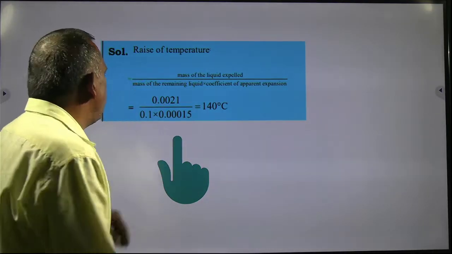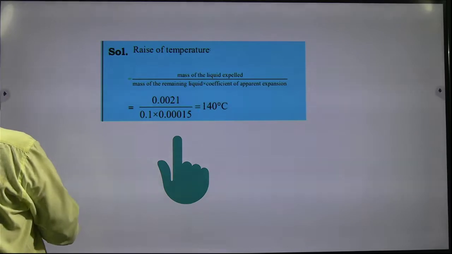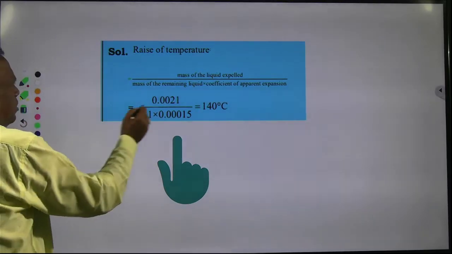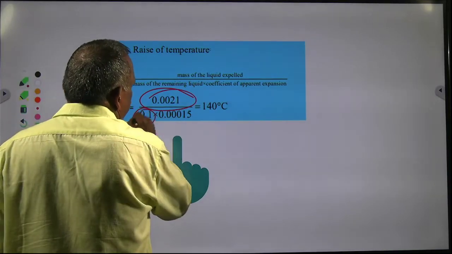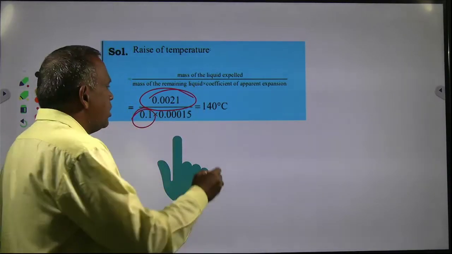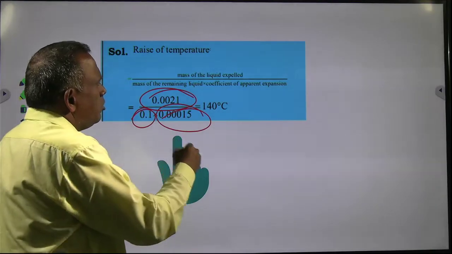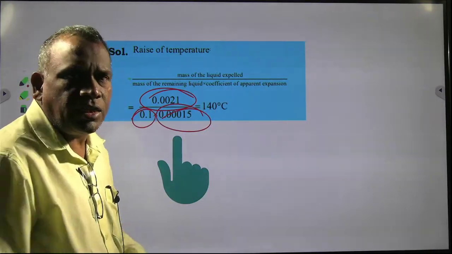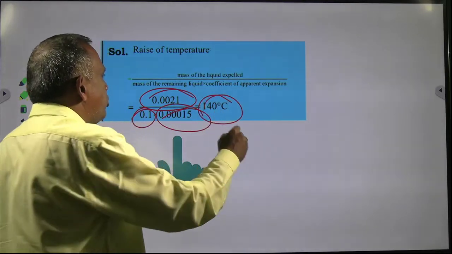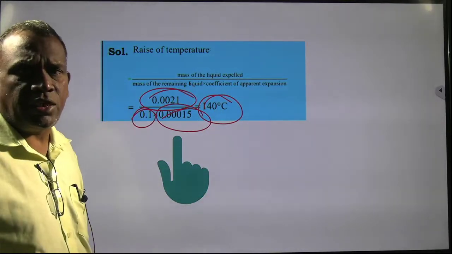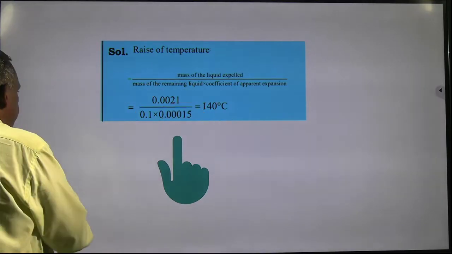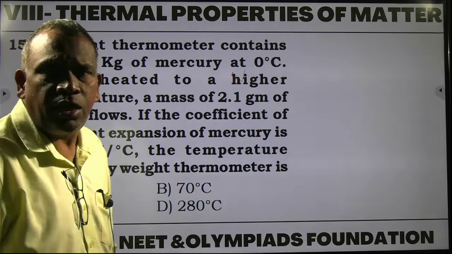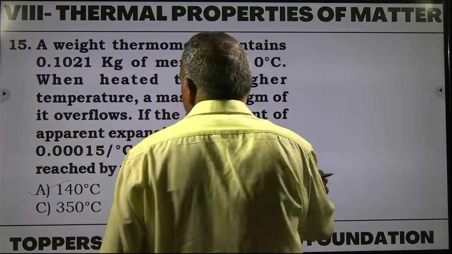The mass of liquid which is expelled from that is 0.0021, and upon 0.1 is the mass of remaining liquid. If you calculate this with the coefficient of apparent expansion, you are going to get 140 degrees centigrade, that is the rise of temperature. So 140 means option A will be the correct answer, the remaining options are wrong.